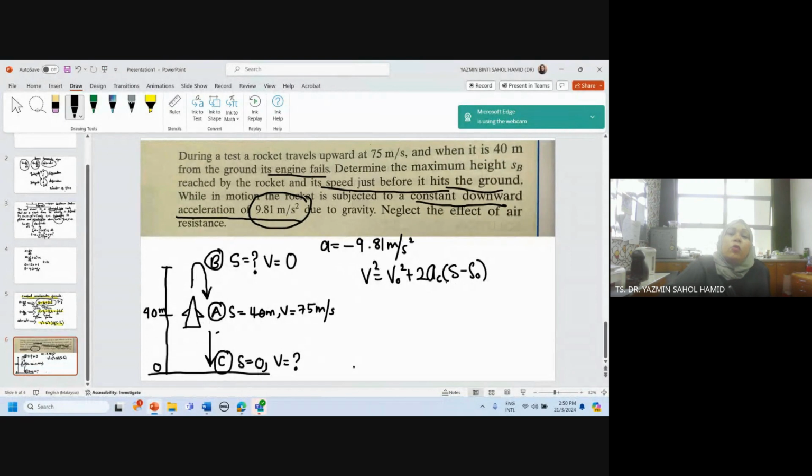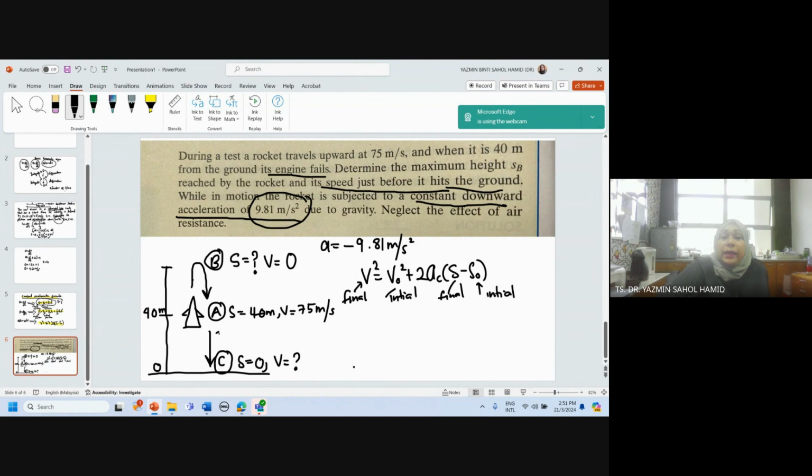Okay, now, when you see this equation, you have two different positions. As I mentioned, this is the final velocity, and this is the initial velocity, and this is the final position, and this is the initial position. But in here, you have three different positions, A, B, C. So you need to decide which position you want to choose.